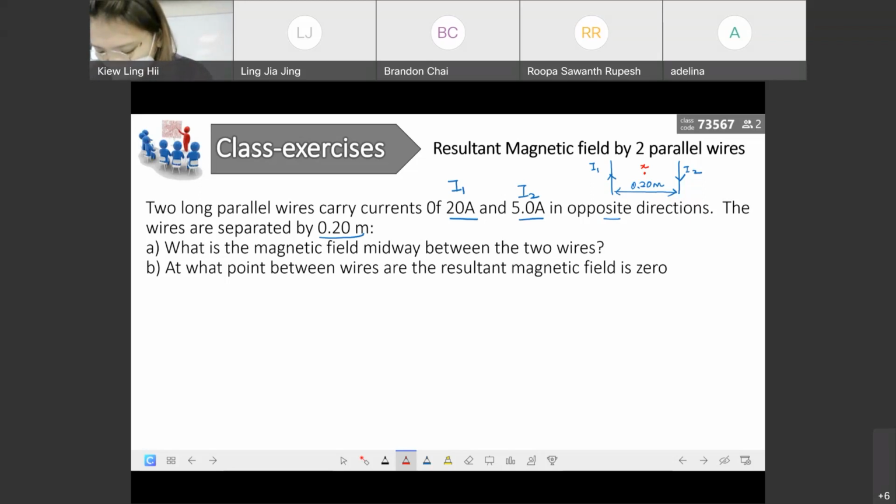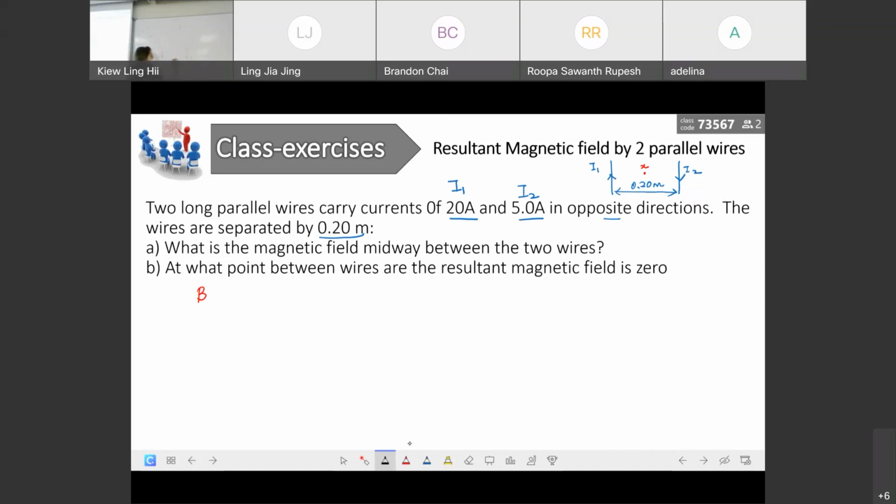Using the right hand grip rule also. Stick your thumb on I1 going out. So at the center here, the magnetic field is going into the screen.